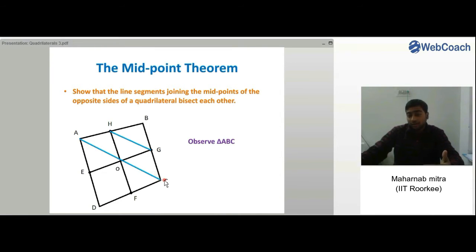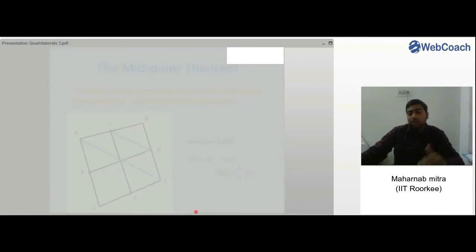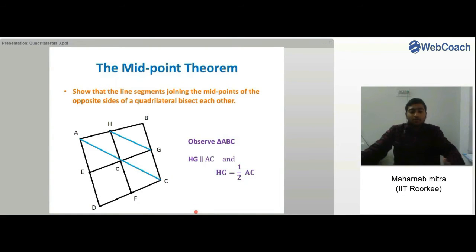HG must be parallel to AC, and of course HG is also equal to half of AC, right? Because we have learned how this comes in our earlier slides. So we have got HG parallel to AC, and also HG equals half of AC. So let us keep this information aside because we will need it later, right?